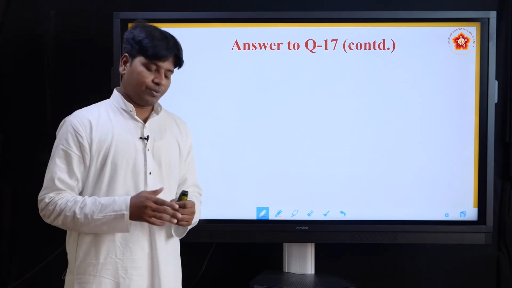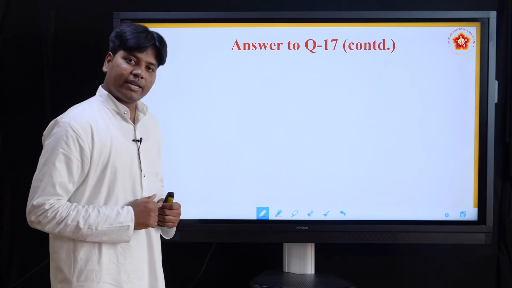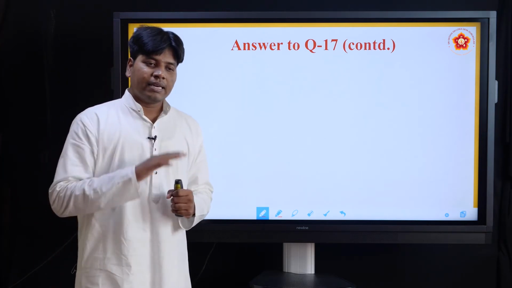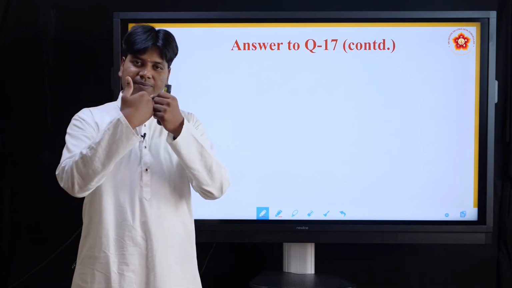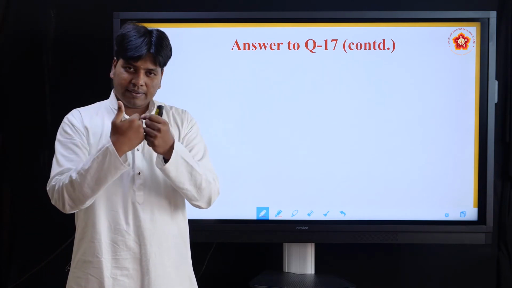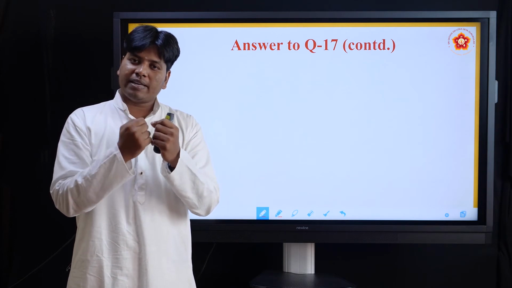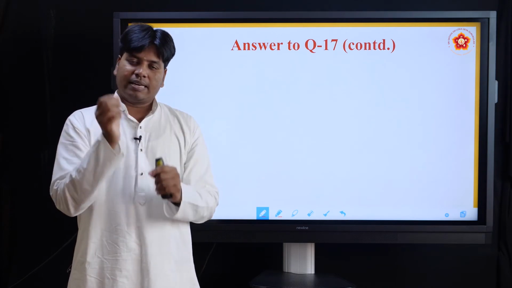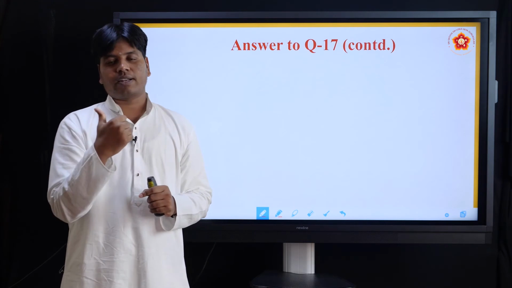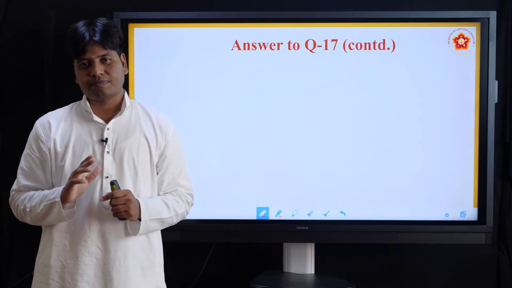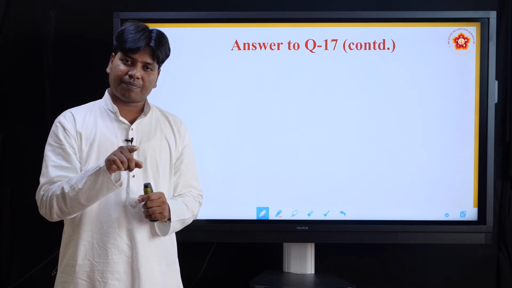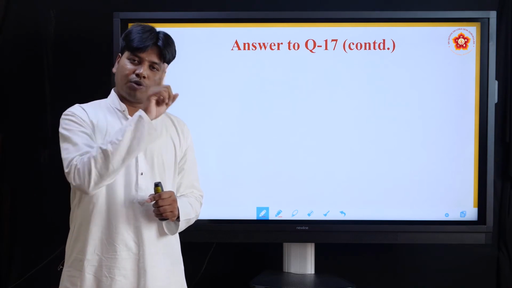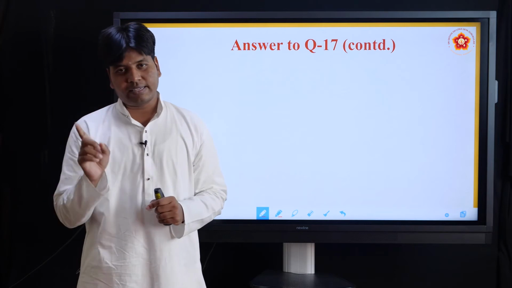our Rahul's observation. What Rahul has observed is, when the insect is hitting the windshield, he's saying that the force experienced by both objects, the insect and also the motor car, is equal. And he also adds that the change of momentum of the motor car and of the insect are equal.